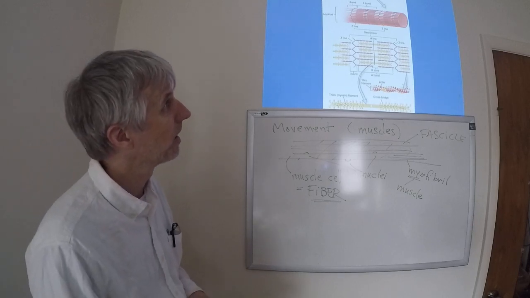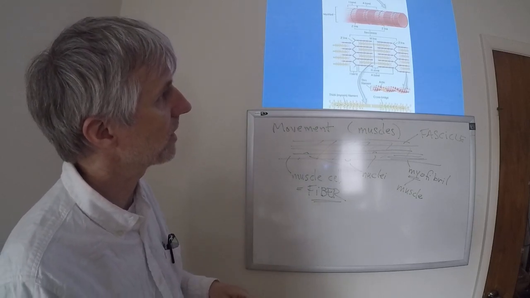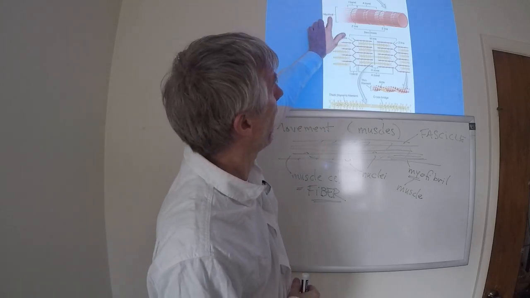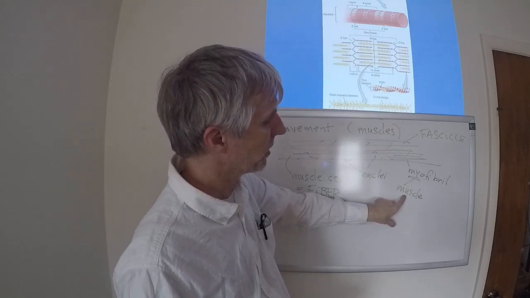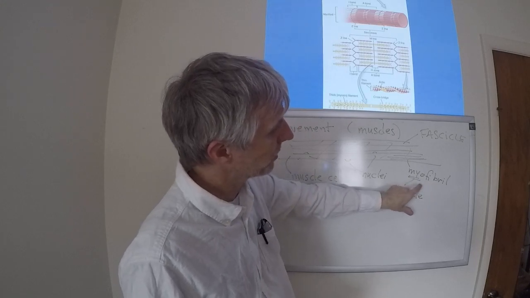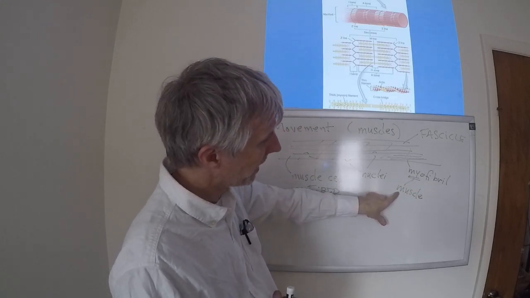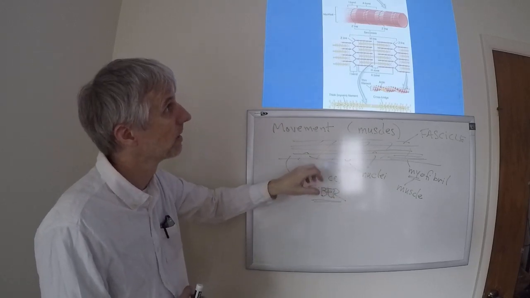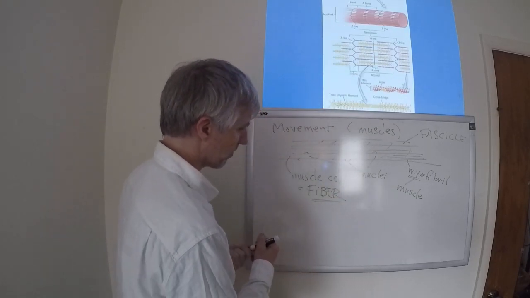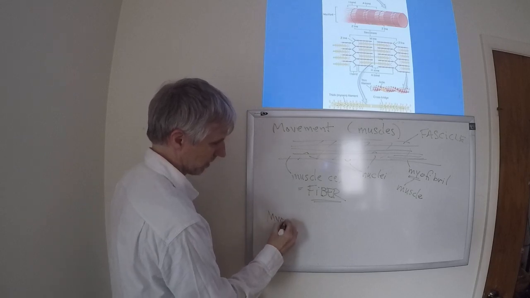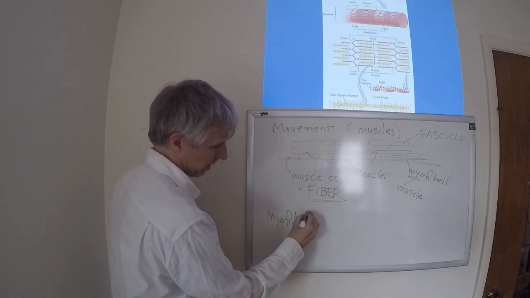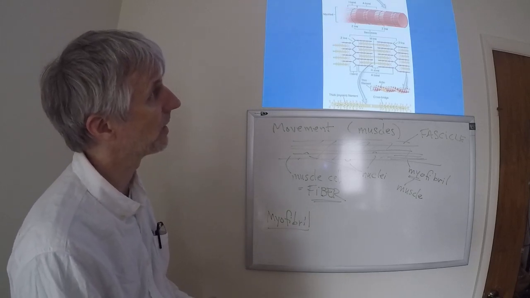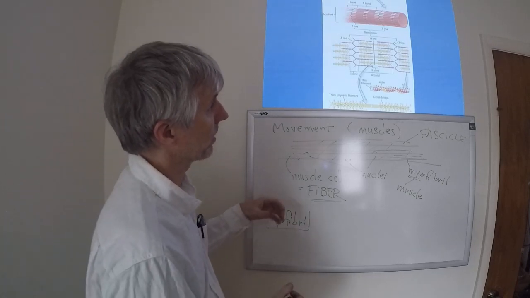Okay, now let's look more closely at these myofibrils. So the myofibrils are the individual protein strands within the muscle cell. So I'm looking at one of these myofibrils. And the skeletal muscle has a certain appearance to it under the microscope.